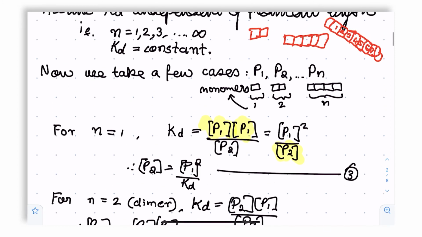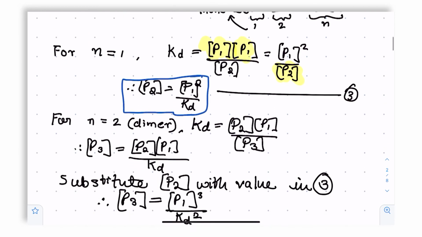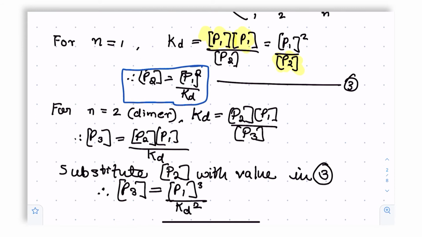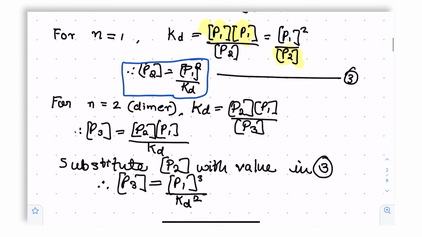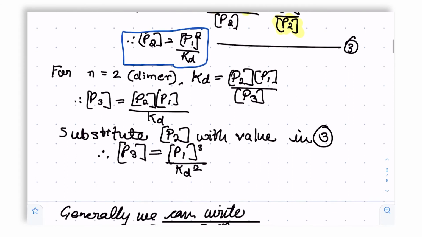We can therefore change the signs and write P2 in terms of P1 square by Kd. So now you get the picture for n equal to 2, dimer, Kd is P2 times P1 upon P3. But if we substitute the value of P2 in this expression where we have shifted P3 to the left hand side, then we get back P3 is equal to P1 cube divided by Kd to the power 2.